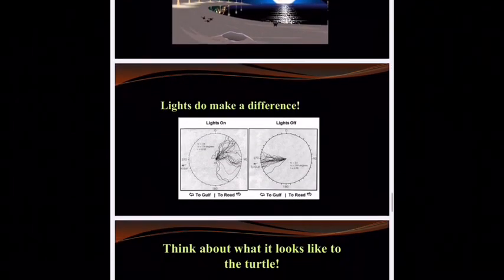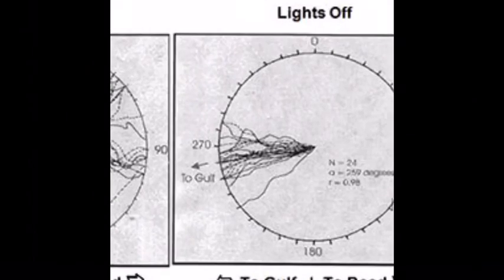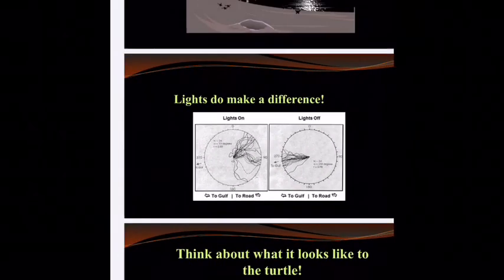So when they did make the rules to turn the lights off and have ordinance on which way the light can project during sea turtle nesting season or hatching season, you can see that almost all of them with the lights on crawled towards the road. But when the lights were off, they almost all went towards the ocean.